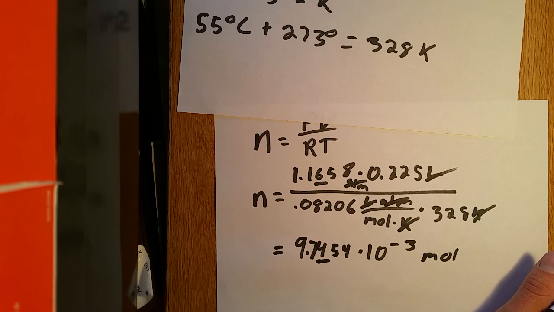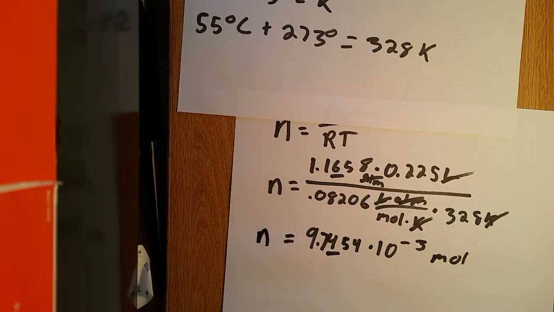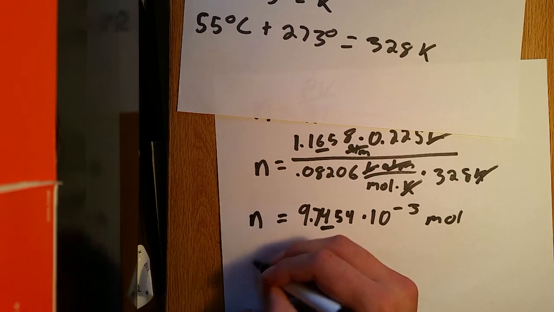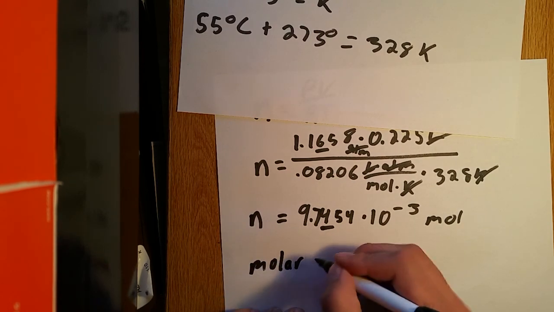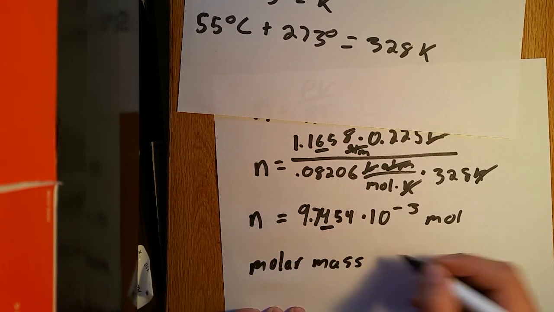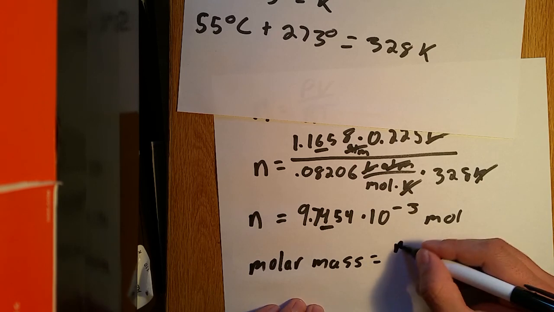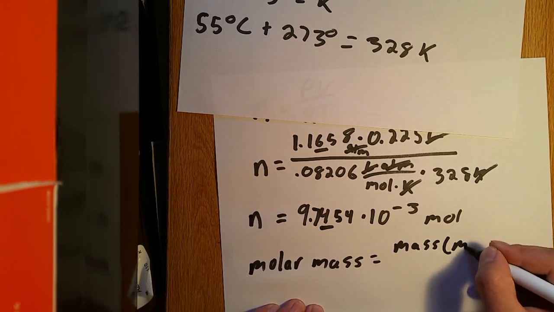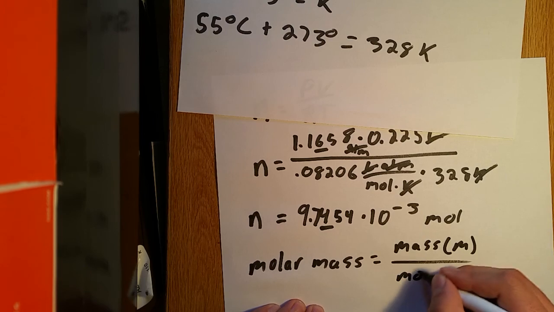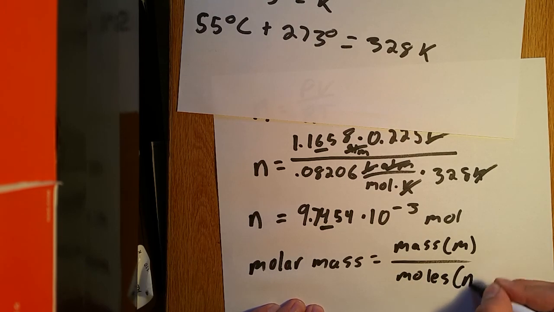Now, finally, we're going to use the number of moles n that we've just found and the given mass to find our molar mass. Our molar mass is simply equal to our mass over our moles, n.